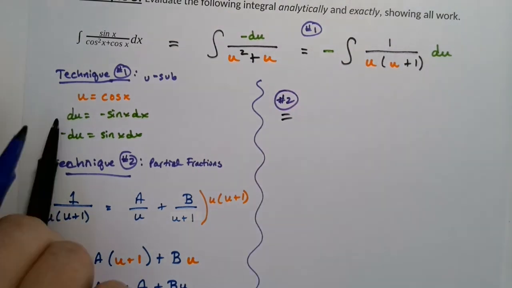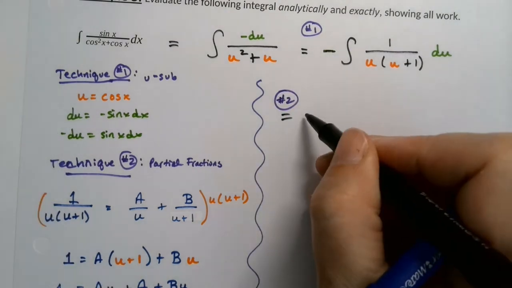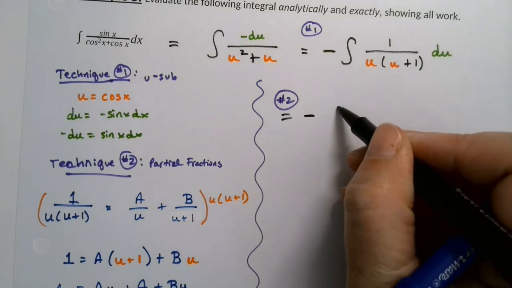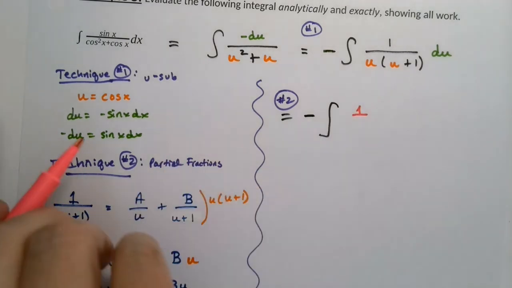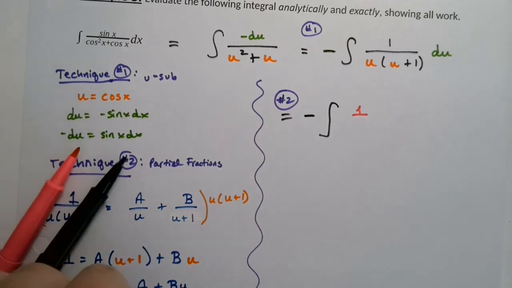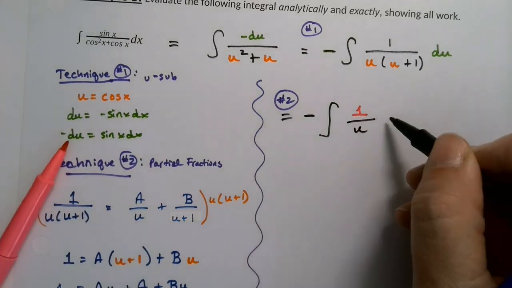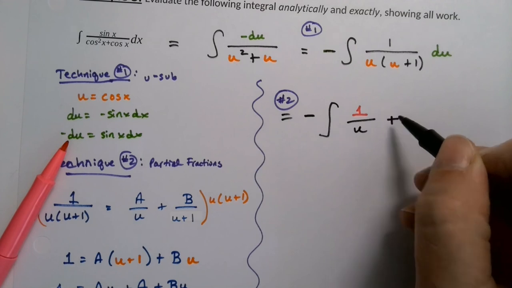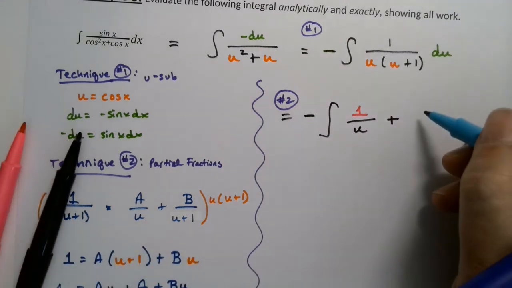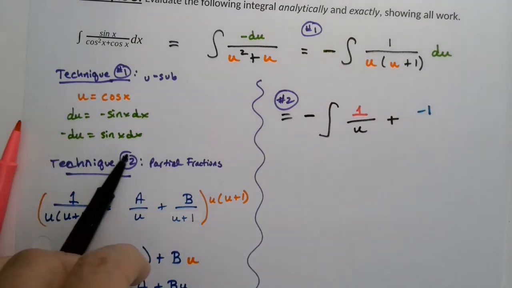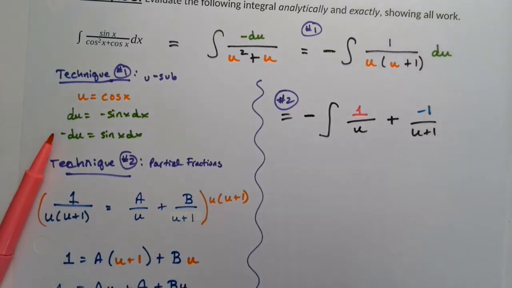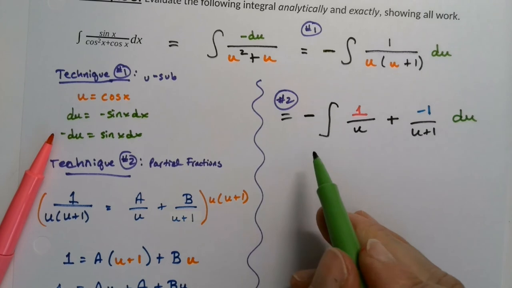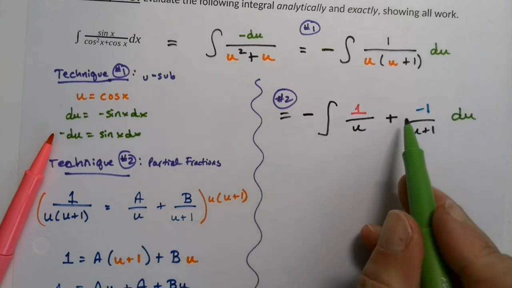So right here, using technique number 2, we would rewrite our integral. There's still a negative out in front, so I'm going to put that negative right there. And then integral, and then it was 1 over u minus, or plus, if you will, a negative 1 over u plus 1. And then there's still the du sitting out there. Now, this whole negative in front thing is a little weird.